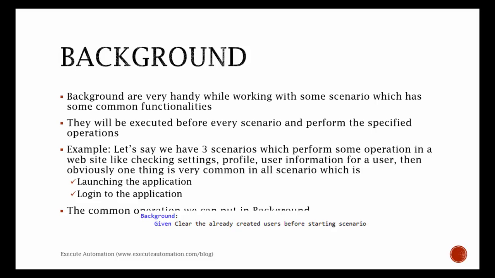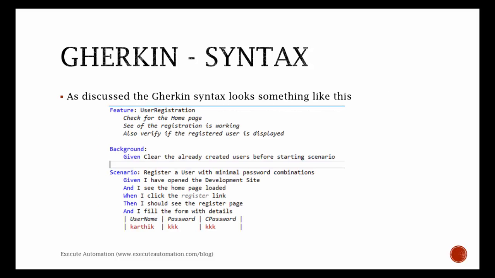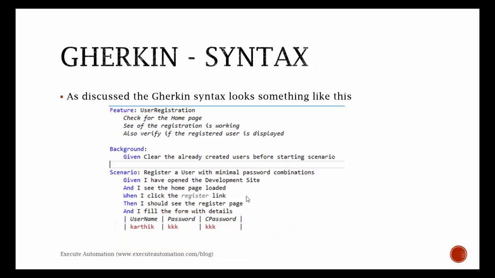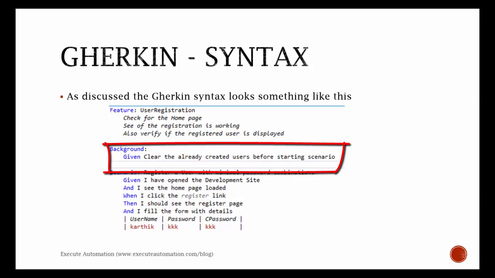If we try to register the same user a second time, it will fail, because in our feature file we have hard coded this Karthik, KKK, and KKK, and we cannot change this value as of now for every execution. Hence we need to clear the user data of the application every time before running this particular scenario. So the background comes in handy for this kind of operation.